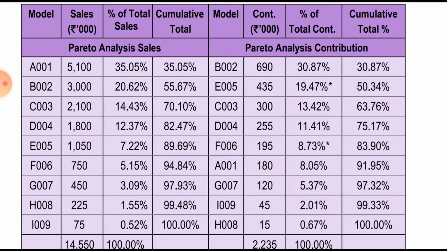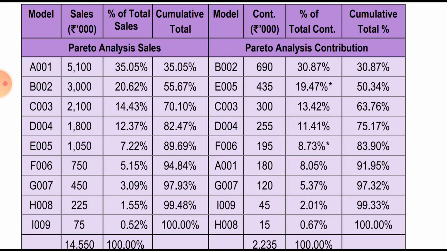Then we can compare. See, this G7, H8, I9 are the same in both the cases. Their sales is also low, the contribution is also low.